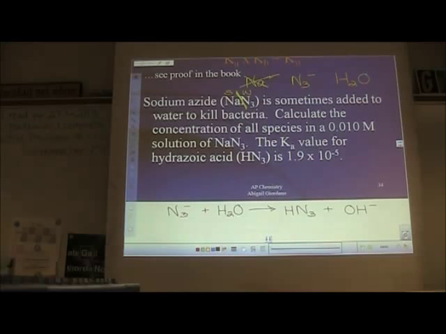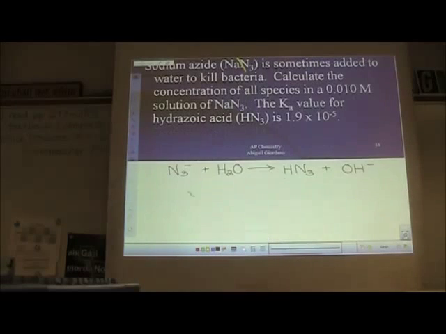Okay? So, let's set up our ice table. All right. We were given a molarity for this entire salt. Salts split, don't they? They dissociate, yes? Okay, so guess what? This ion is also going to have this molarity. Because there is one azide ion within this one compound, they'll have the same molarity.